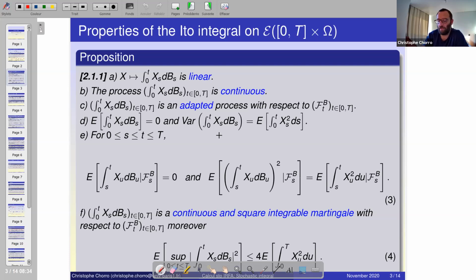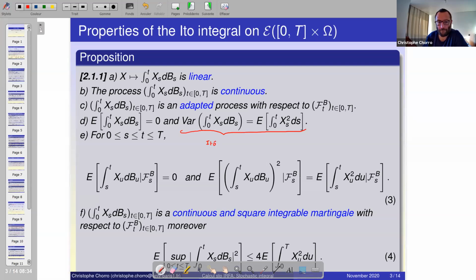And in particular, you have this relation here, that is what we call the Ito isometry. This relation was fundamental in order to extend our stochastic integral to more general integrands. Just remember that this one was a consequence of this one, for s equal to 0.